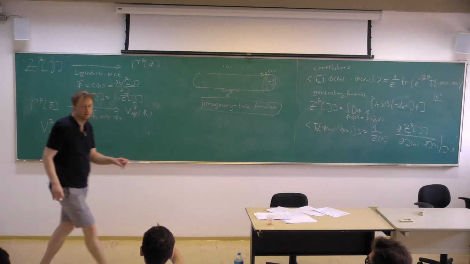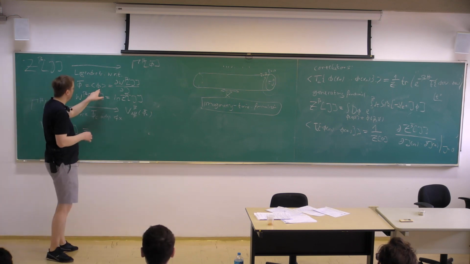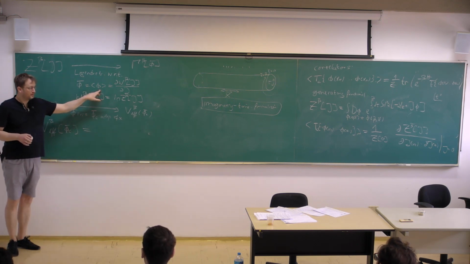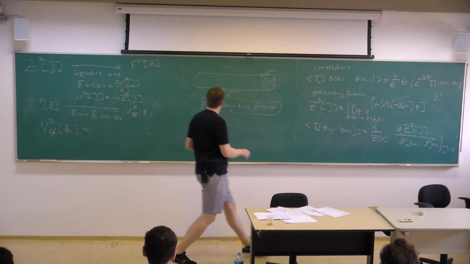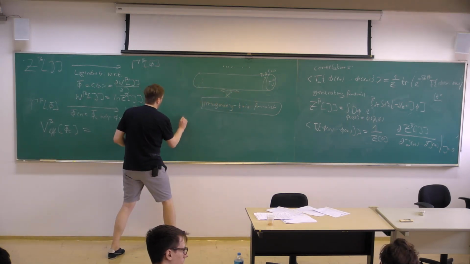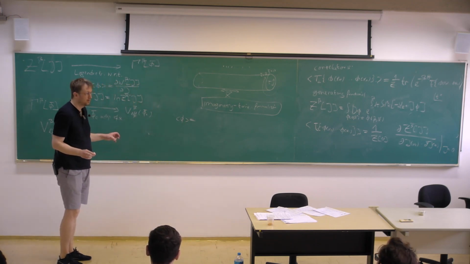Because W depends on Z, and Z depends on beta, right? So this is a temperature dependent ensemble average, right? Phi bar is constant, but at a given temperature beta.